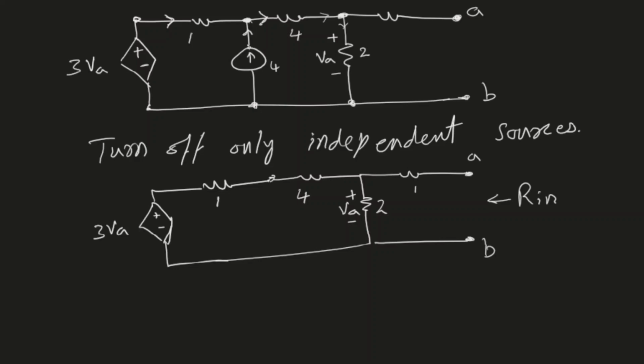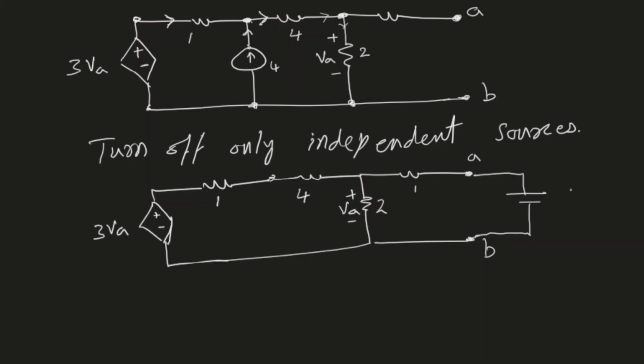If we have only resistors, then it is very easy to do. However, we have a dependent source here, and therefore it is not possible for us to use the methods that we used in the past, which were series and parallel combinations of resistors. So we need to come up with a different strategy. And the strategy is that we will apply a voltage over here.